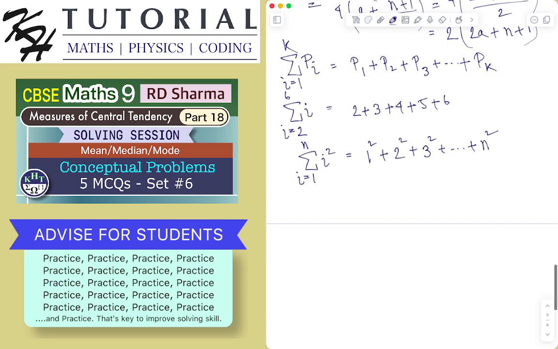What is the summation of k, where k is a constant, and I have j ranging from 1 to n? The summation is k into j, and the variable j is ranging from 1 to n. Now whenever you have a constant, you can bring the constant outside, so this will be equal to k into summation of j ranging from 1 to n.